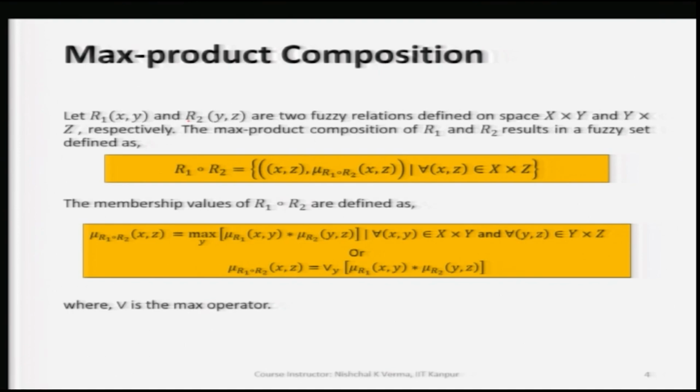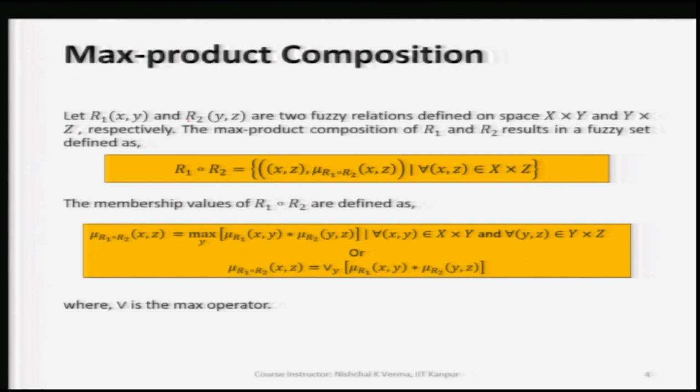If we take the same R1 R2 fuzzy relation sets defined in different universes of discourse, x cross y and y cross z respectively, then R1 O R2 is equal to the elements x z along with mu R1 O R2 of x z, and this x z again belongs to the universe of discourse capital X cross capital Z.